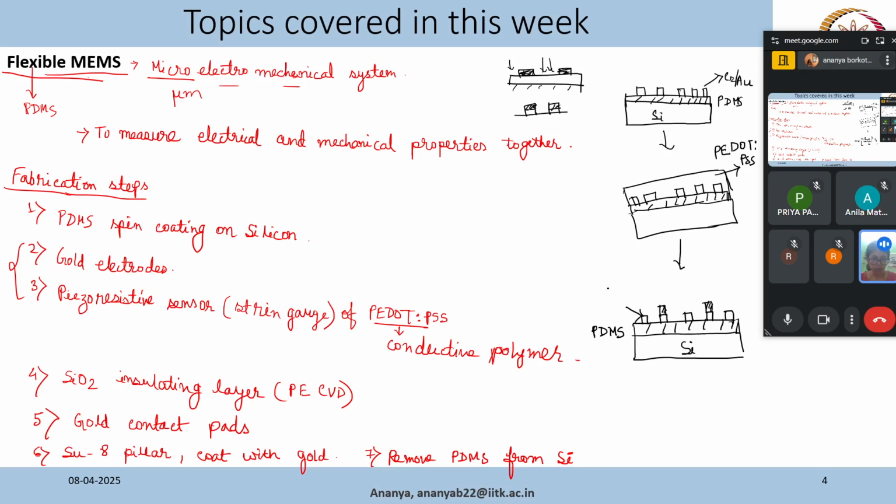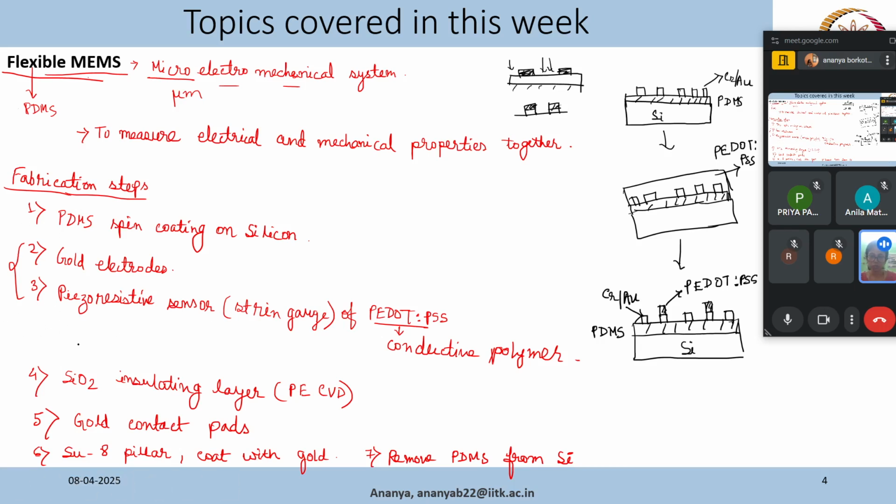This is chrome gold, and this is PEDOT:PSS. Okay. So this is our final structure after this third step.